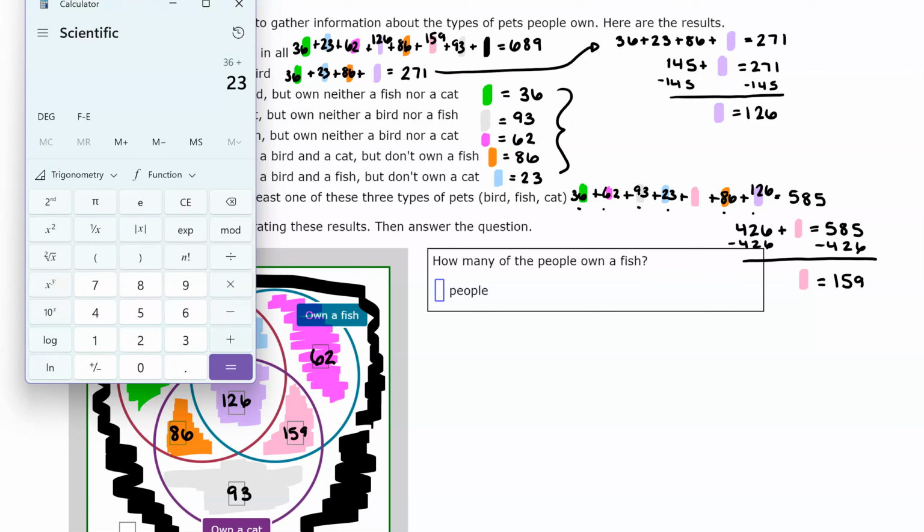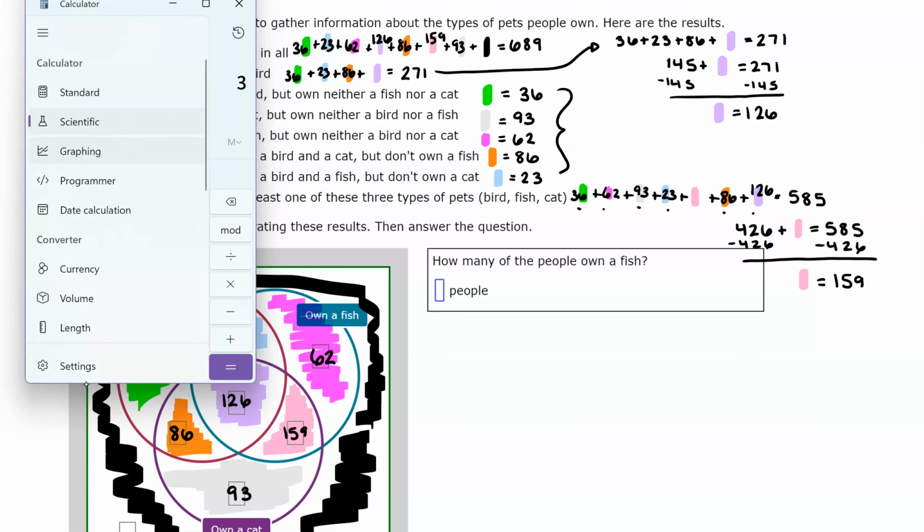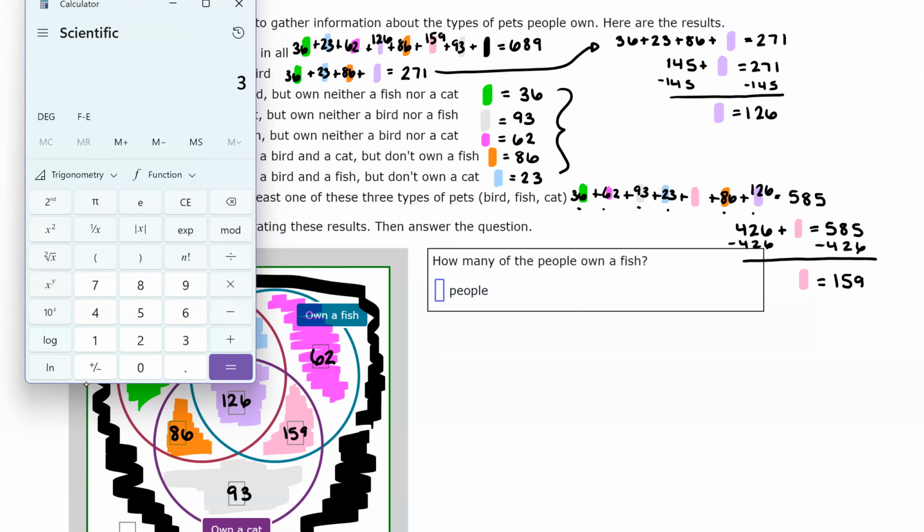Oh no, shoot, I have to do it again. It takes just 1 second. So 36 plus 23 plus 62 plus 126 plus 86 plus 159 plus 93 equals 585.